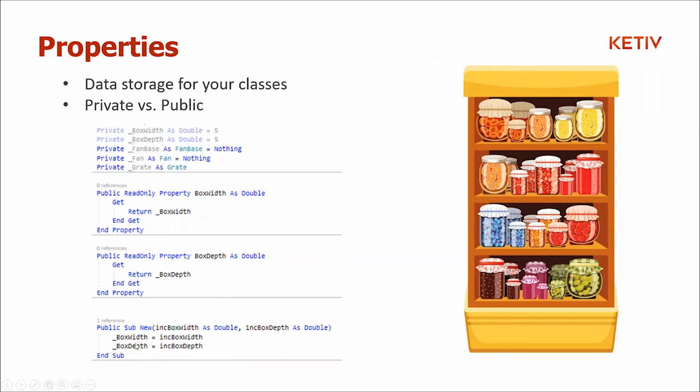Well, we don't want anyone being able to change them outside this class without us knowing, just somewhere in the code. So we make them private, but we do want anyone to be able to access them and see what their value is anywhere. And so then we make a public property that they can go grab that value.